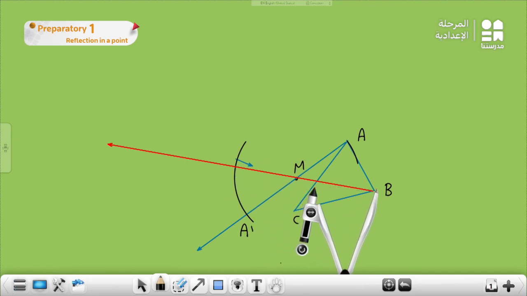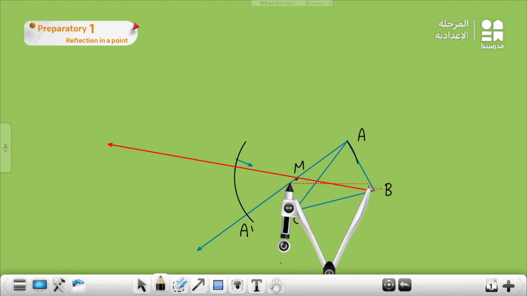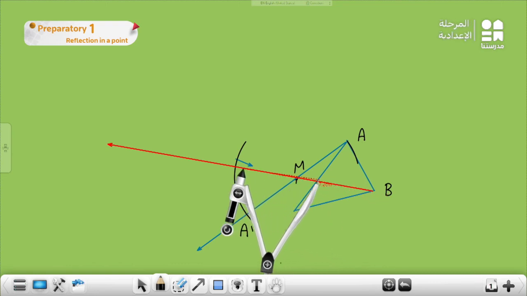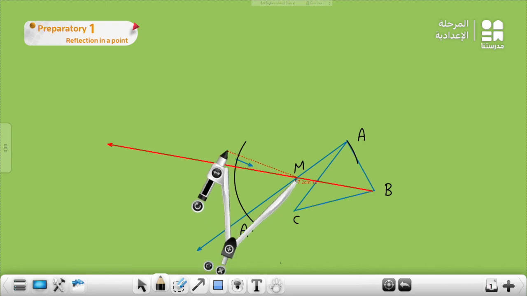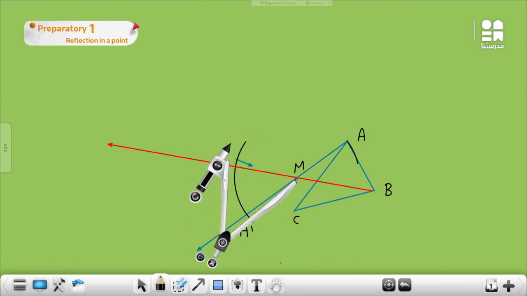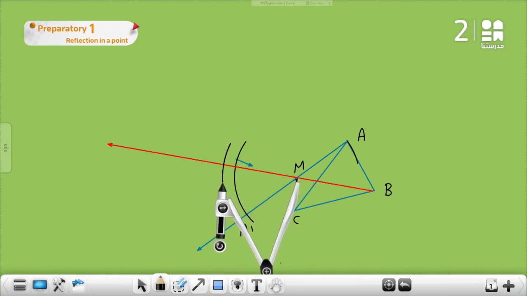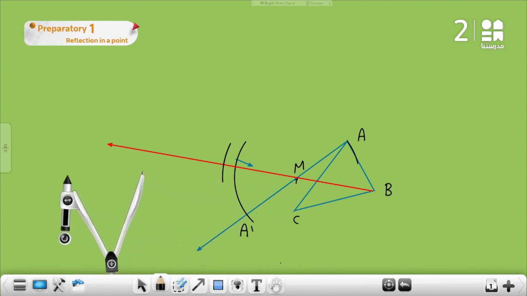Then put the center on M and draw another arc on this red ray. This is the image of B, which is B dash.